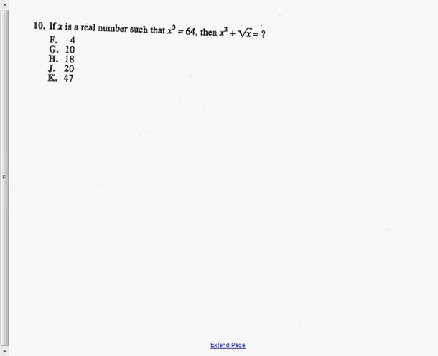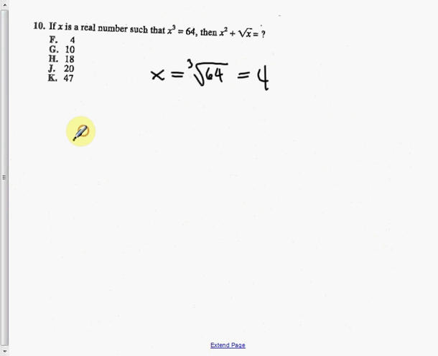So here, if x is a real number such that x to the third is equal to 64, well, it's telling us that the cube root of 64 is equal to x. So x is equal to the cube root of 64. Well, that's just 4, right? And even if you don't know, you've got your calculator, you just plug that in and it'll give you 4.